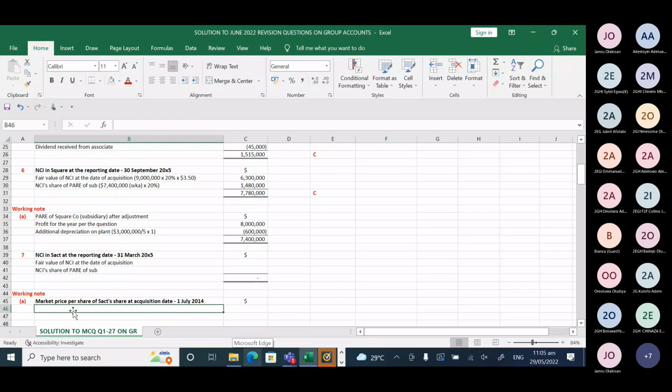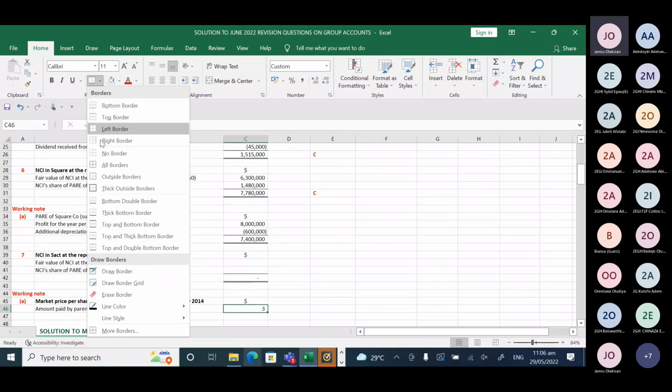And thereafter, I will now say the amount paid by the parent company for each share of SAC. That is 3, right? The guy paid 3.